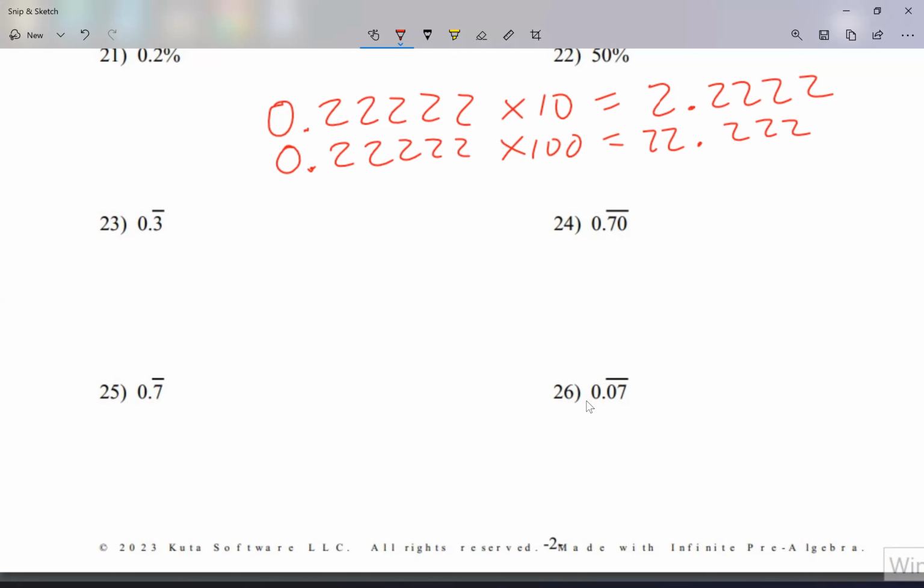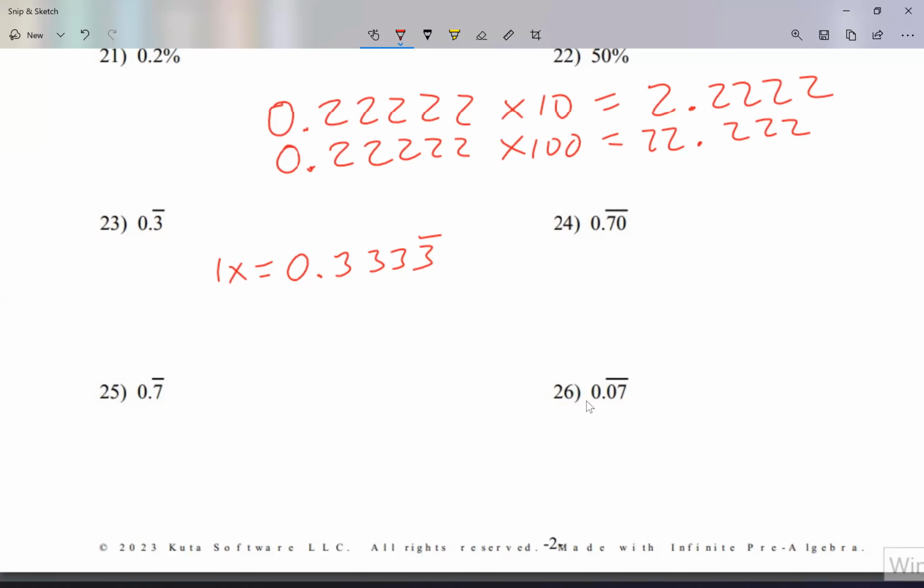So let's take a look here. I'm gonna say 1 times x, and x is the number I'm trying to solve. X, as a matter of fact, is gonna be a fraction. 1 times x is the same thing as 0.3333, and let's just say my 3 continues.